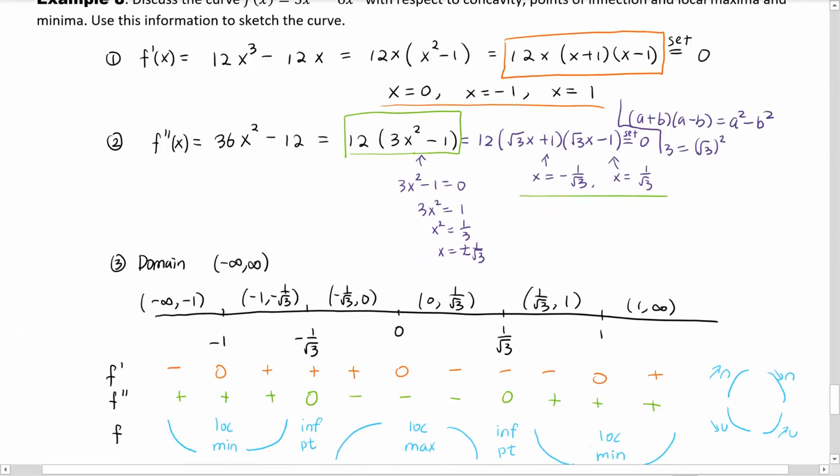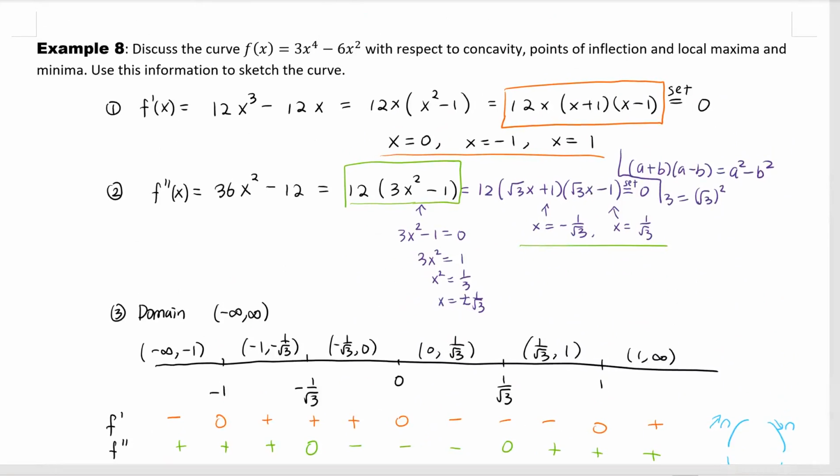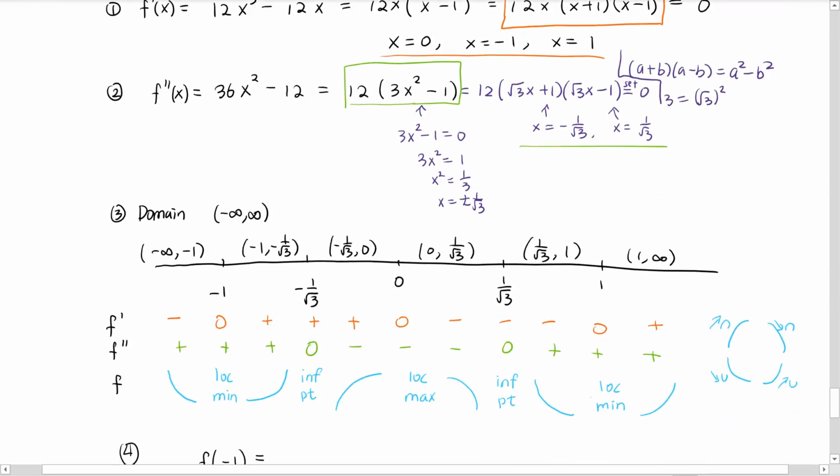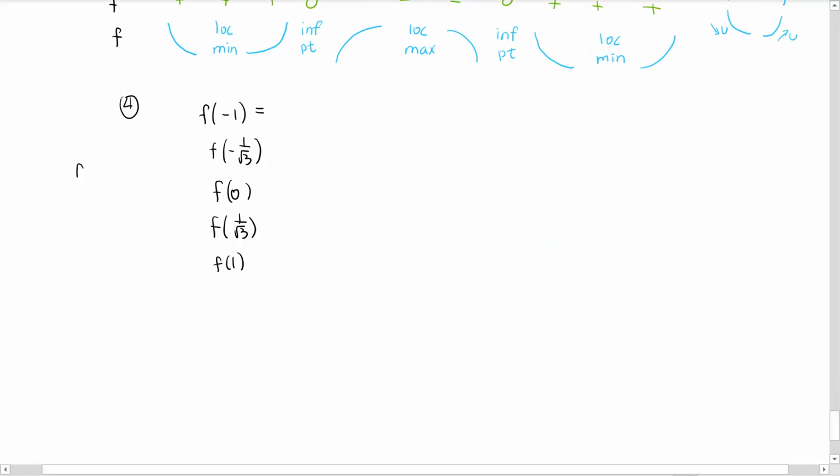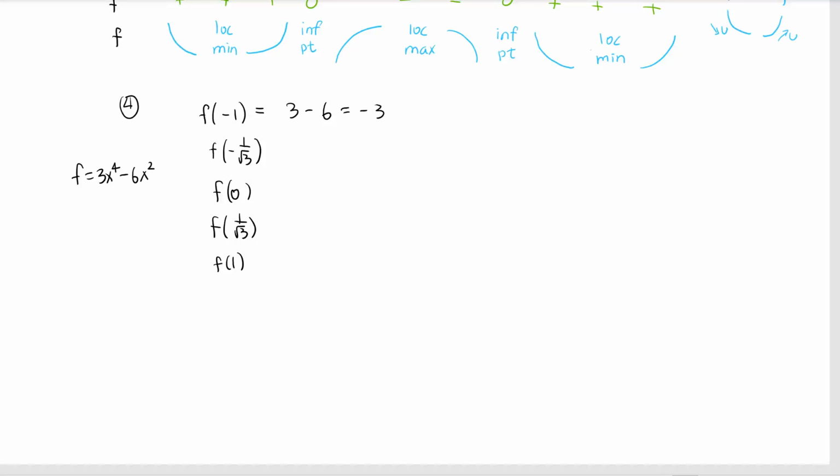Our function is 3x to the 4th minus 6x squared. When we plug in -1, it's just 3 minus 6, which is -3, right? Because -1 to the 4th and -1 squared are just 1.